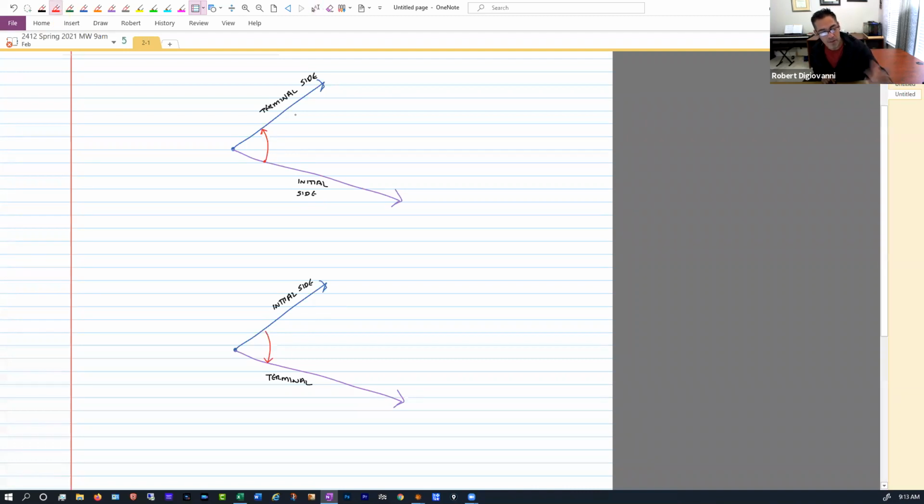So the convention is that if your little arc that I'm drawing here is counterclockwise, then it's a positive angle. And if it's clockwise, so I'm going to say counterclockwise, opposite way of a clock, right? And then it is a negative angle if it is clockwise.